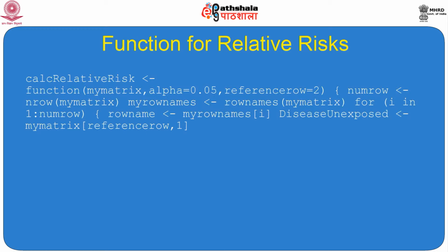Row names here are given as my matrix for i equals 1 to number of rows, that is, we have a total of 2 rows, and later on disease unexposed is defined as my matrix at reference row, 1. So in this analysis, whatever relative risks we calculate will be basically for the disease exposed group with reference to the disease unexposed group.